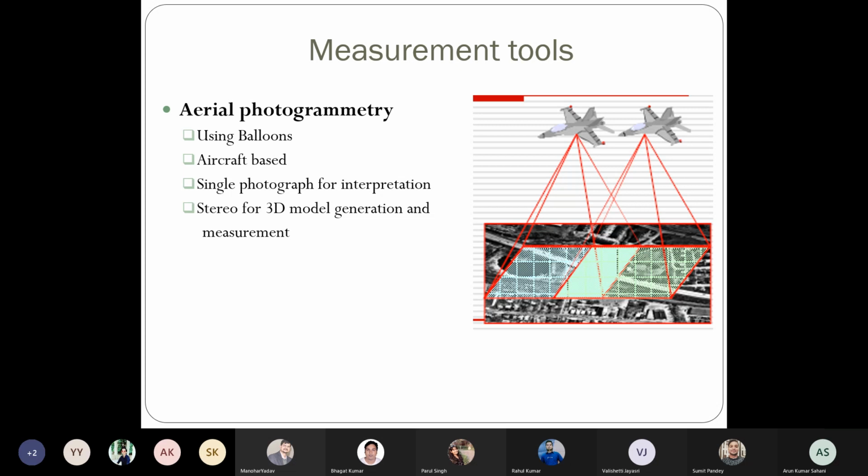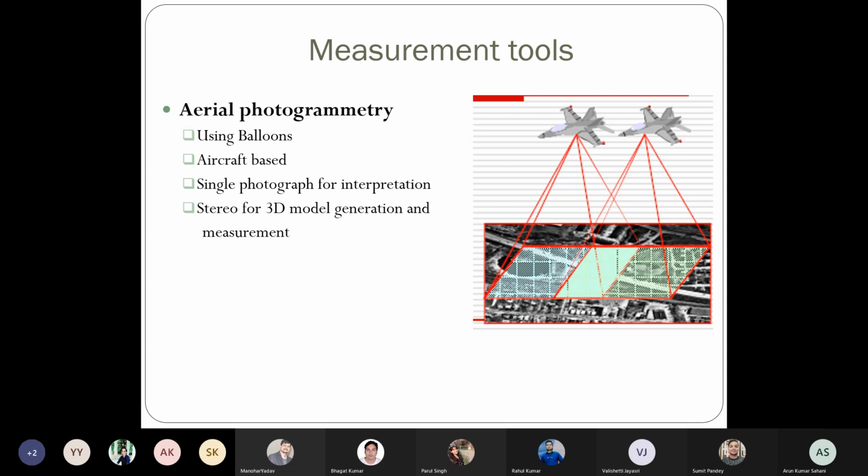As you know, in a particular image or photograph, there is only two-dimensional geometry information as well as the pixel value. The pixel value gives you an idea about the type of feature on the terrain. There is no depth information available.